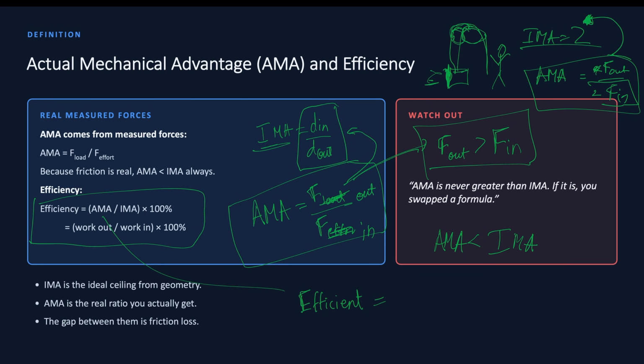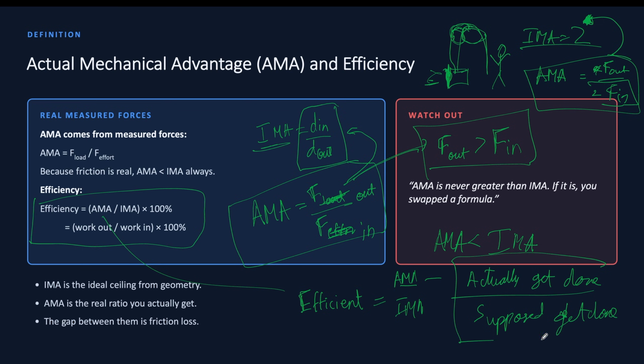So AMA over IMA. Or how much is it actually getting done, right? Over how much it's supposed to get done. So if it gets everything done that it's supposed to get done, then the efficiency is 100%, right? If it doesn't, then it starts to decrease.